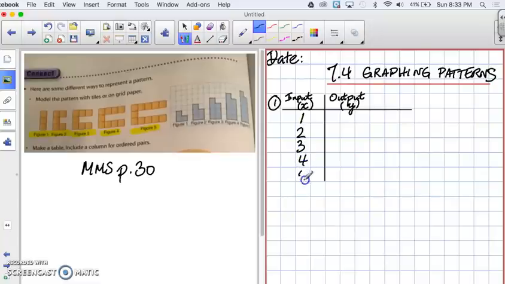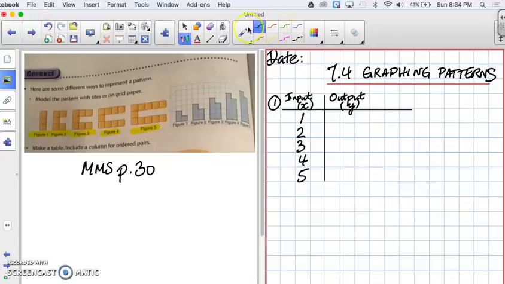Remember that anything I copied down in black, you should be doing in pencil on your page. Now, we have to figure out what the output is, or the y values. The y values, in this case, if we look back to the pattern, are the number of tiles in each figure.